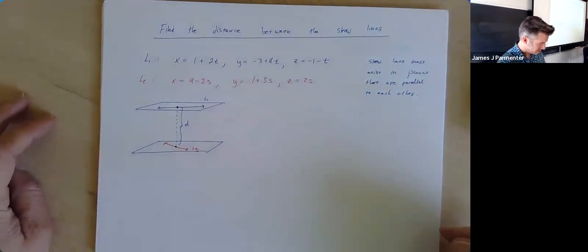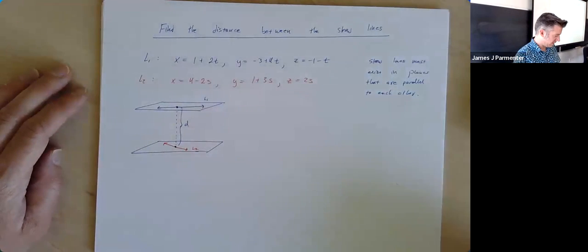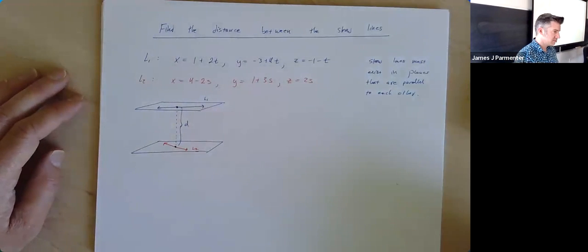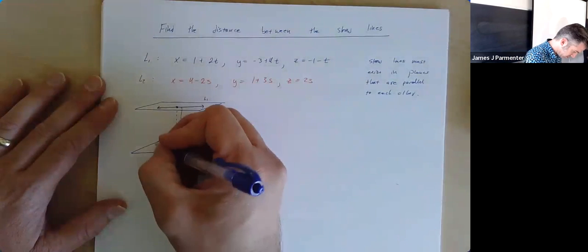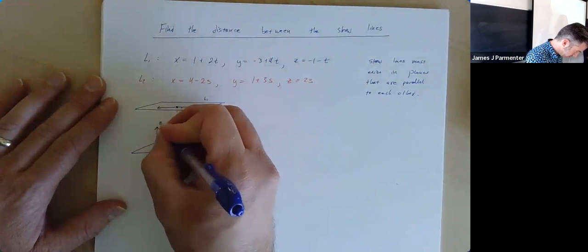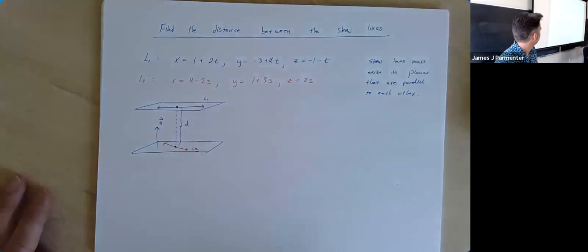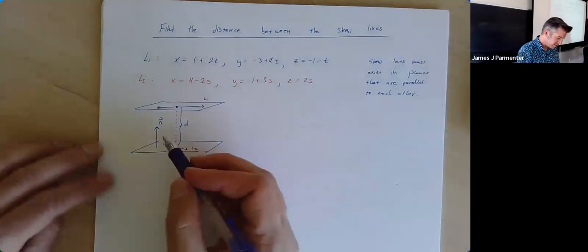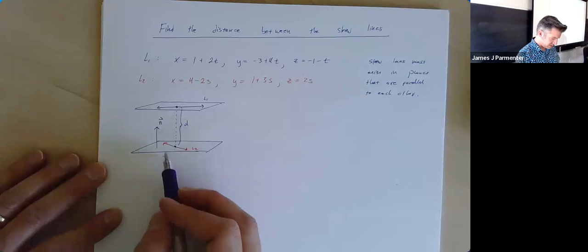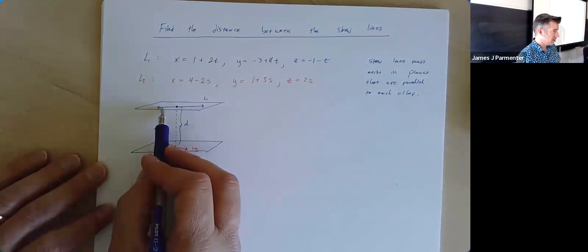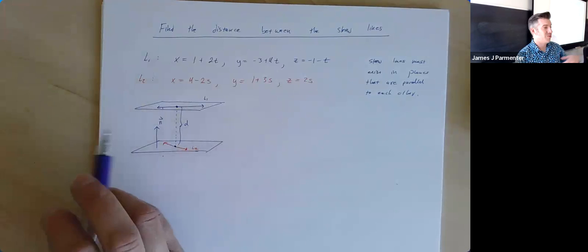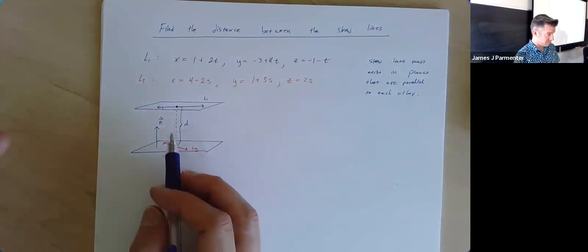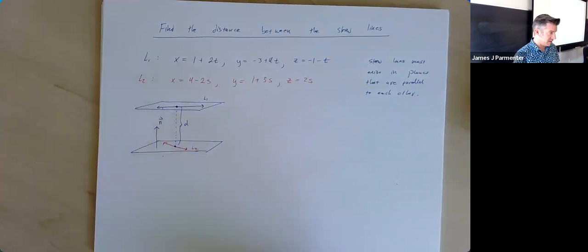Okay, so I want to find the normal vector because usually that's helpful. It's kind of tricky, but the vector that's normal to this plane is also normal to this plane, because this vector is normal to both of the lines that are in those planes.